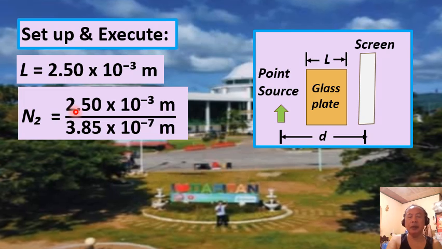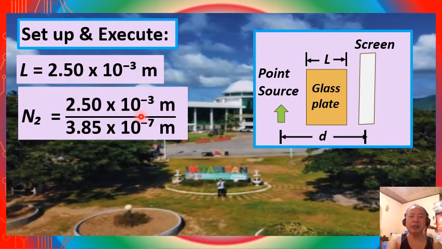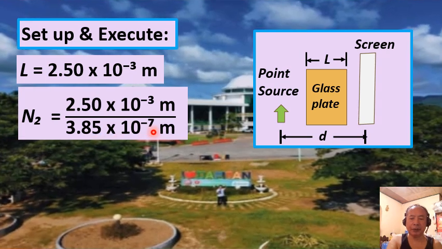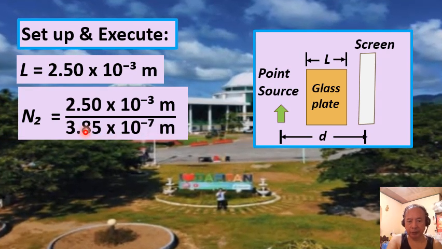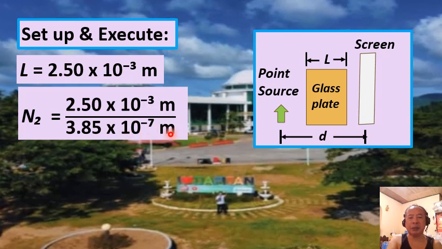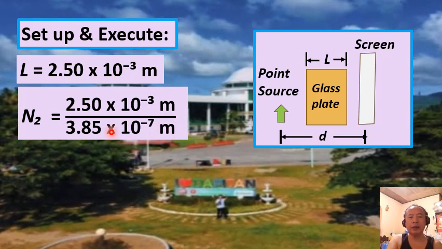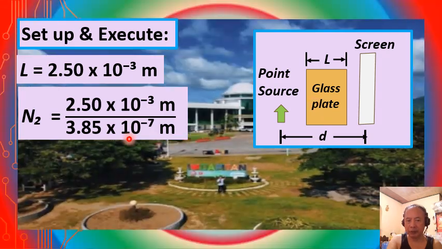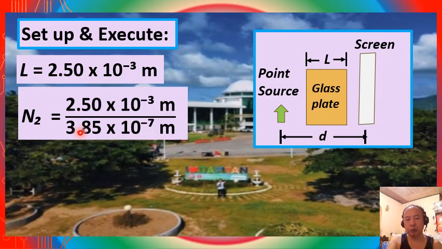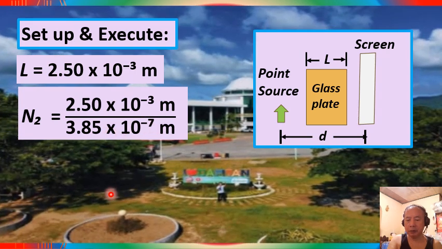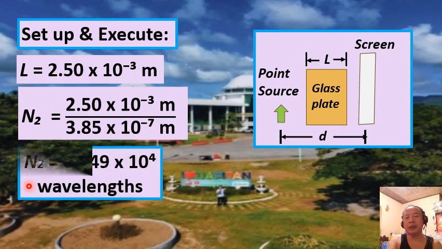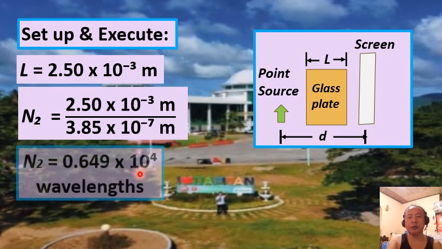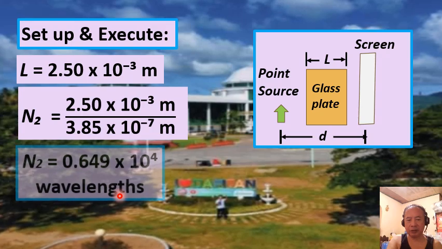So we just divide 2.50 times 10 to the negative 3 meter by 3.85 times 10 to the negative 7 meter. 3.85 times 10 to the negative 7 meter is the wavelength of the light when it passes through the glass plate, or that is lambda sub 2. So when we do our math, we get the value of capital N sub 2 equal to 0.649 times 10 to the fourth power wavelengths.